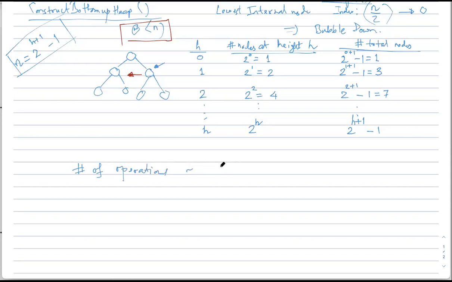So it's going to be the sum of the heights of all the nodes. Why is it the sum of the heights of all the nodes? So remember, height is from the bottom, right? Depth is from the top, height is from the bottom, right?